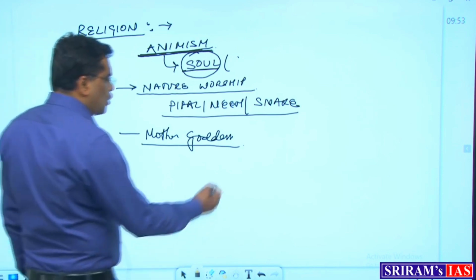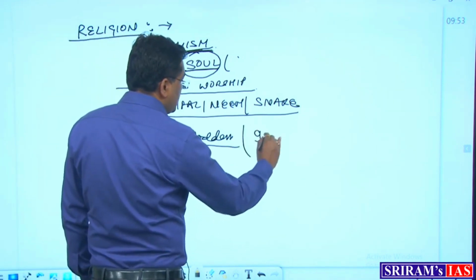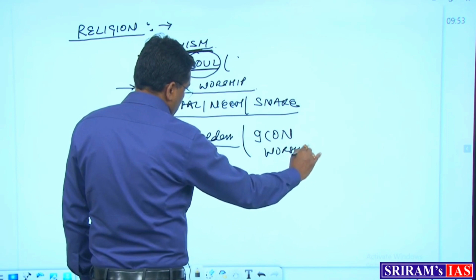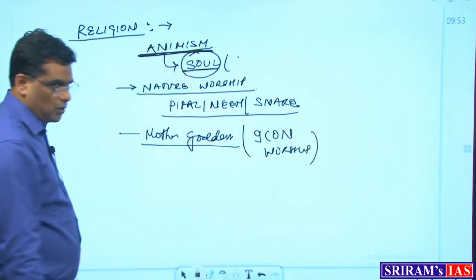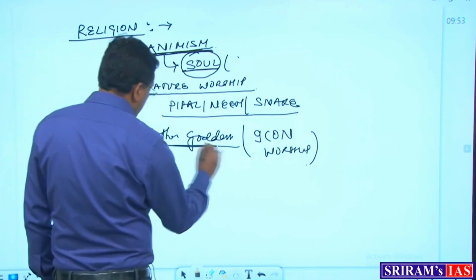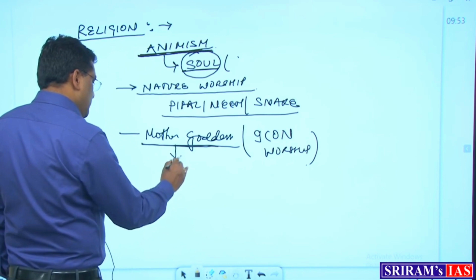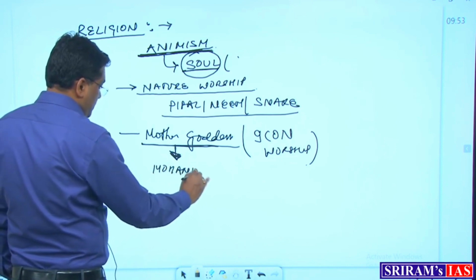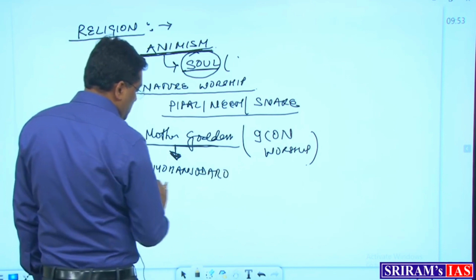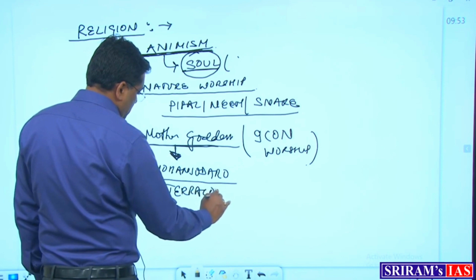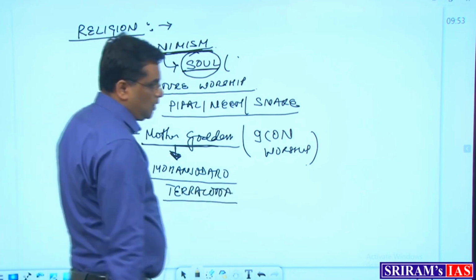This is not an idol, but we can say this is an icon, a symbolic representation, icon worship. From Mohenjo-daro, we have found the statue of the mother goddess, made of terracotta.